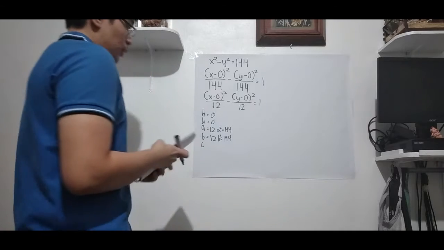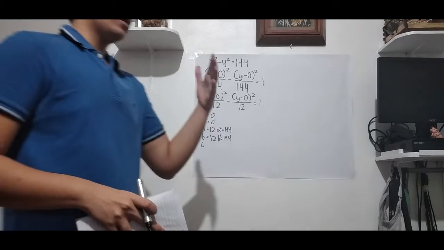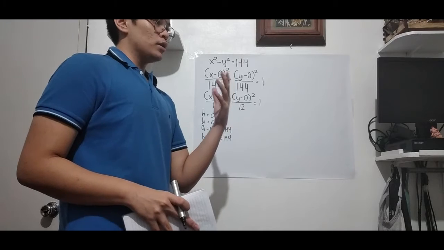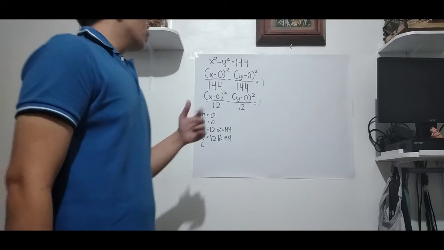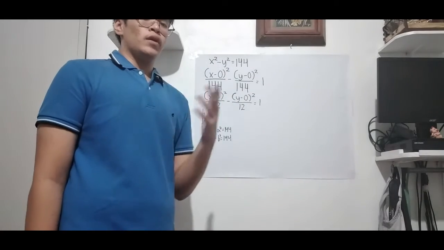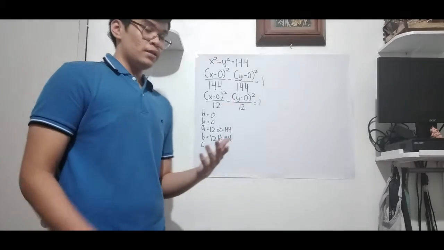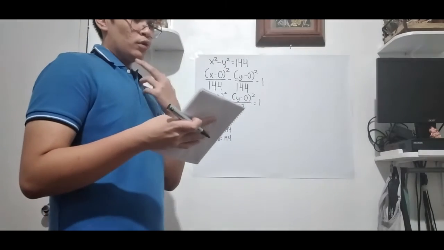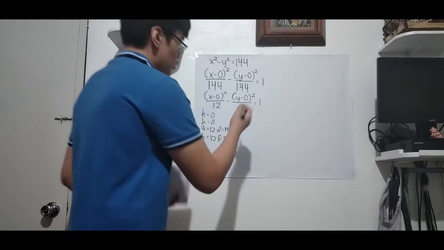And to be able to find our c, we just have to use the Pythagorean theorem again. So c squared is equal to a squared plus b squared. We just have to add 144 to 144, that would automatically give us 288. So c squared is equal to 288. So we just have to square root it.